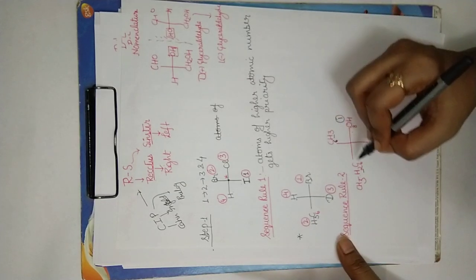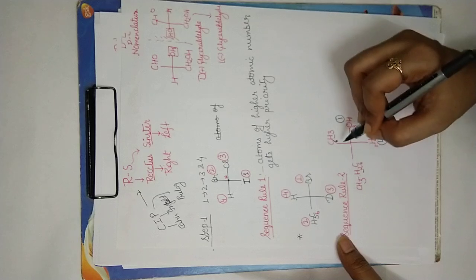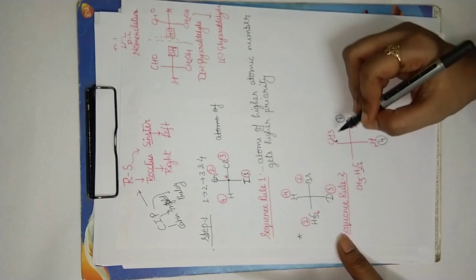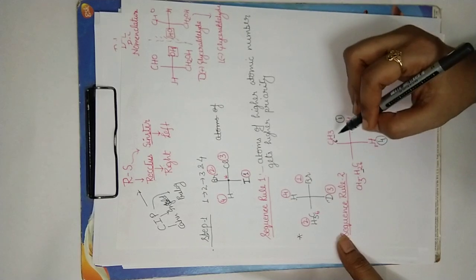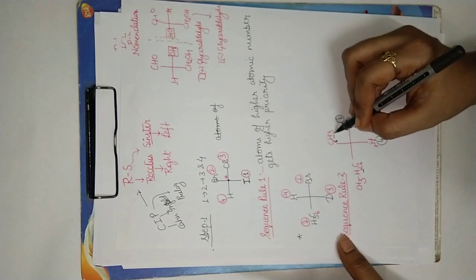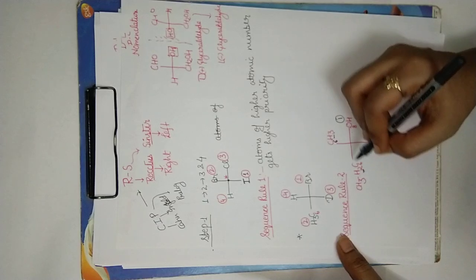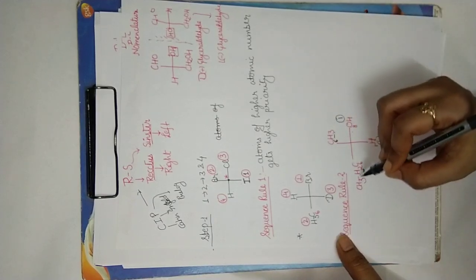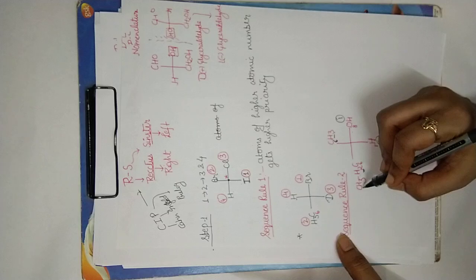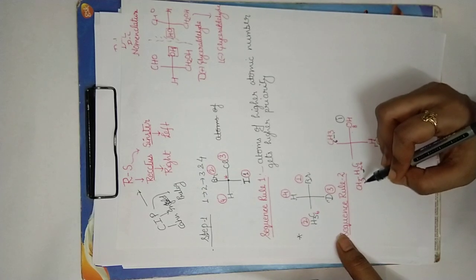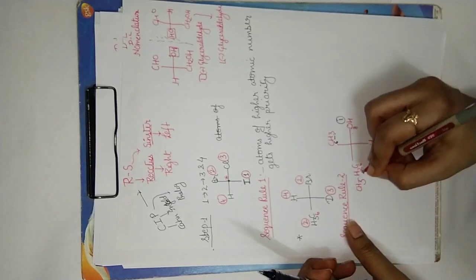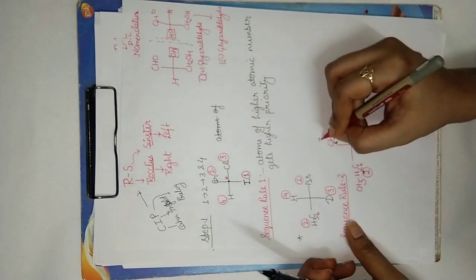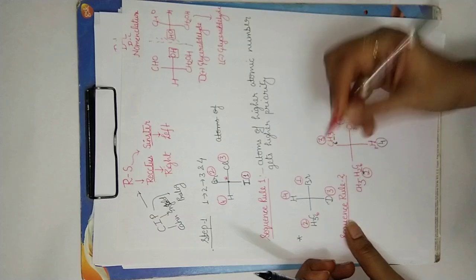Suppose here is 6, here is also 6, and next move on to the next atom. This is hydrogen, here is also hydrogen, and next here is hydrogen, here is also hydrogen, and the next atom attached to this carbon is carbon which has the highest atomic number. That's why it will get 2 number, and automatically this will get 3 number.